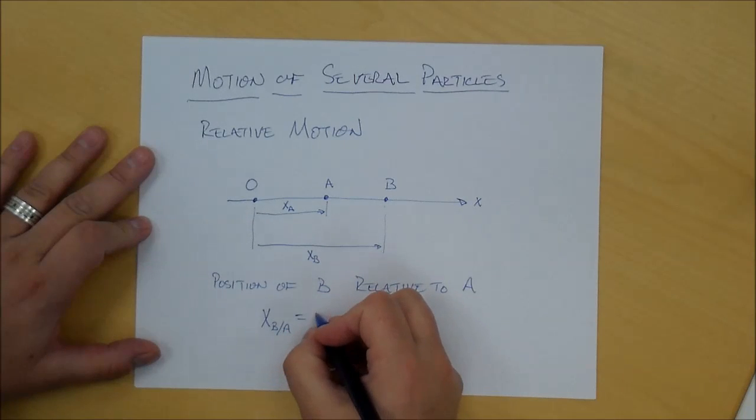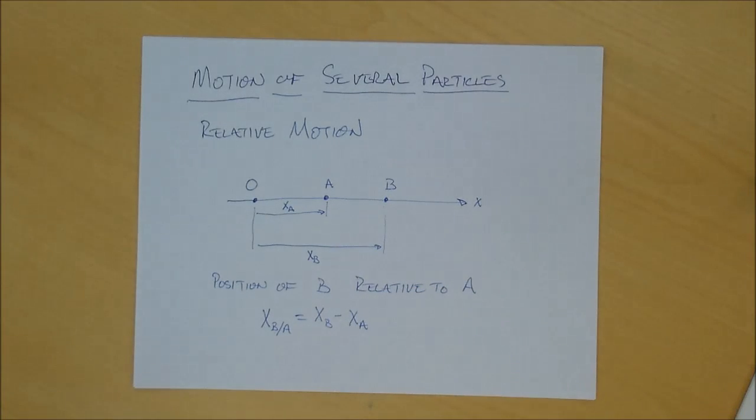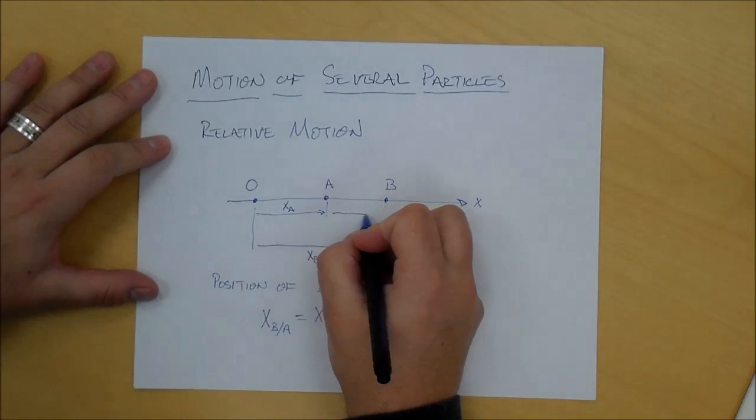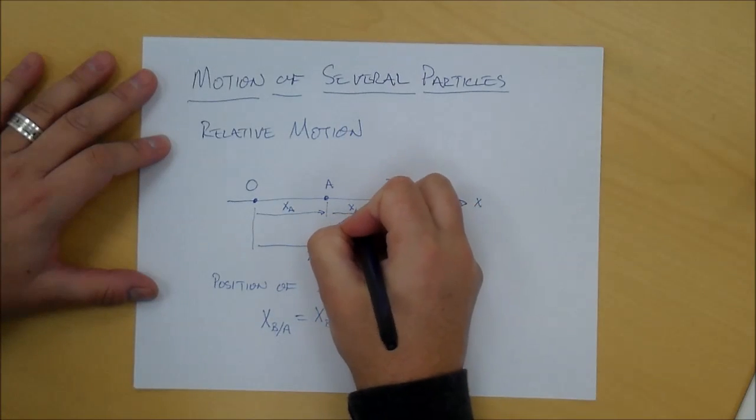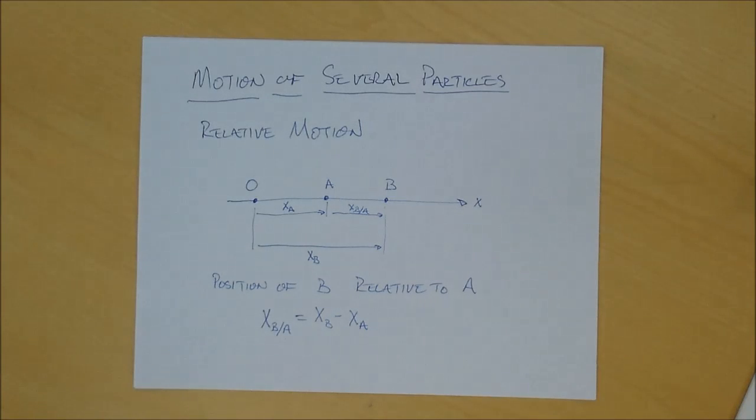That's equal to the position of B minus the position of A. So that's a simple definition of the equation for relative position. And we can indicate that here on the diagram like that, the position of B relative to A.